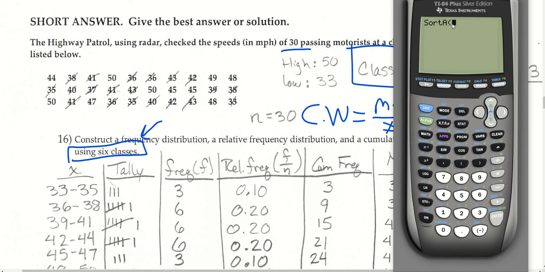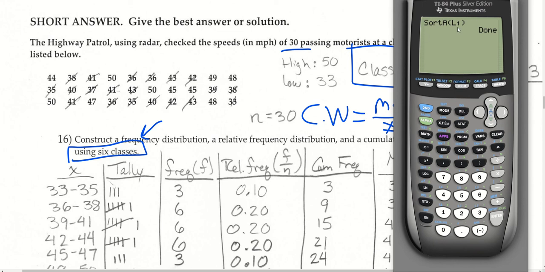You can do so a couple different ways. You can hit second stat, which brings up the list menu, and then hit L1 and enter. Or if you look on the home key, the second 1 key will bring up the name for list L1. End parenthesis and hit enter. And the calculator says done. So it's already done the work for us.